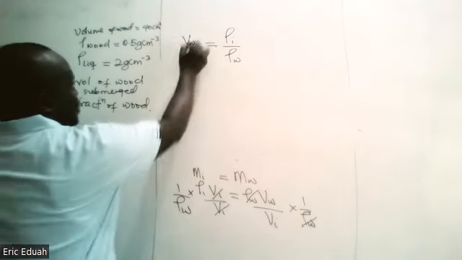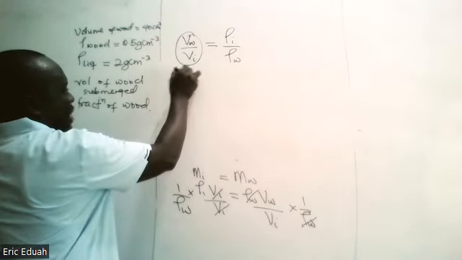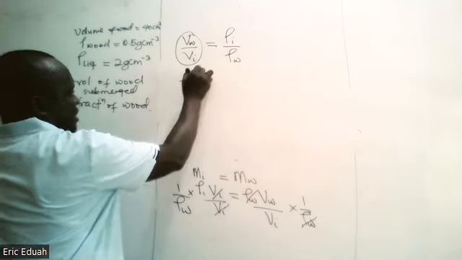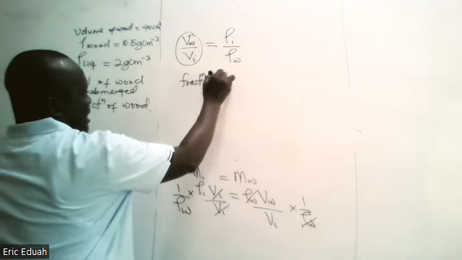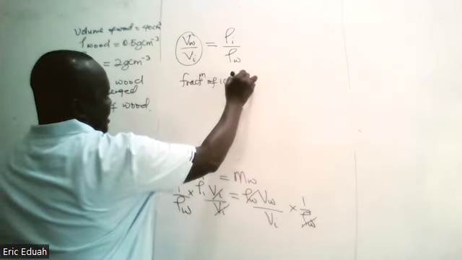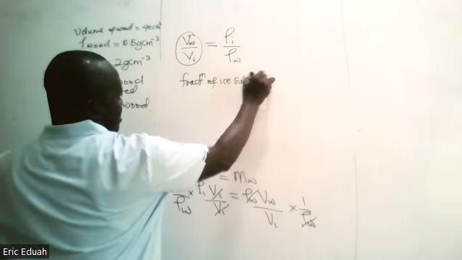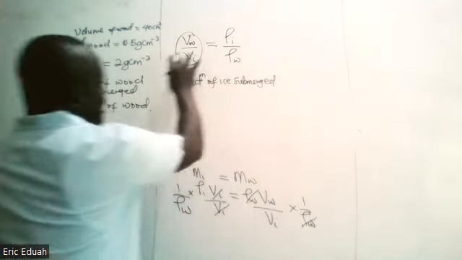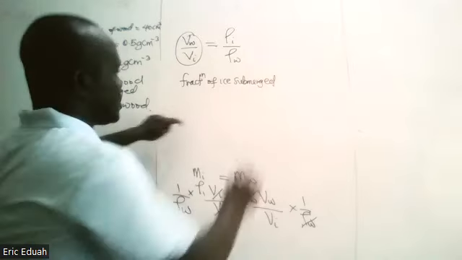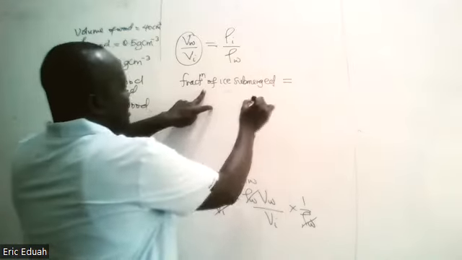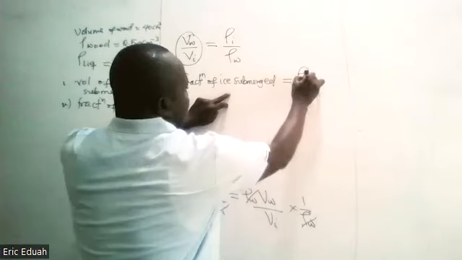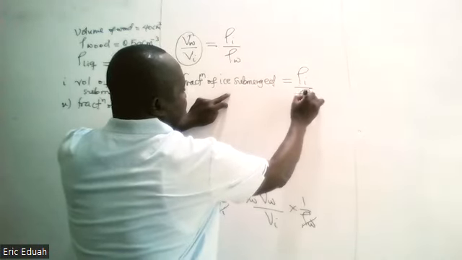And this ratio is equal to the fraction of ice submerged. So the fraction of ice submerged would be equal to density of ice over density of water.